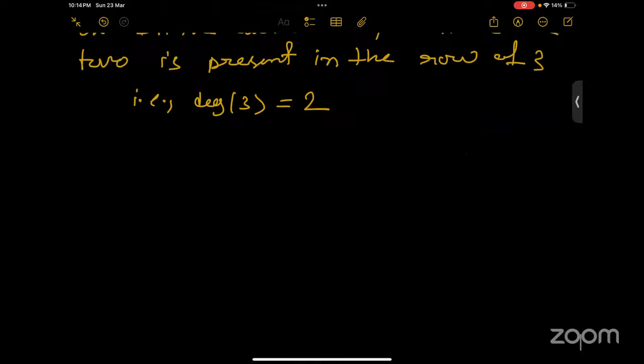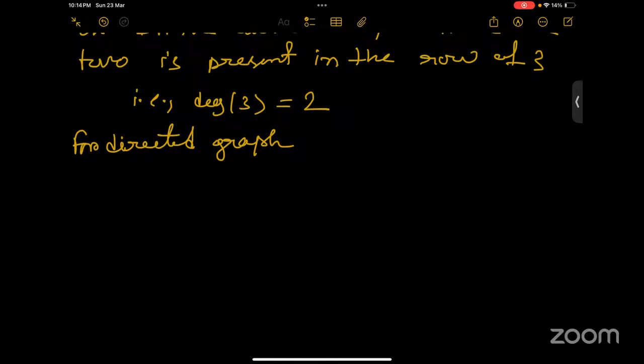So for a directed graph, we basically have two different concepts of degree, in degree and out degree, and it is clear from the name itself.